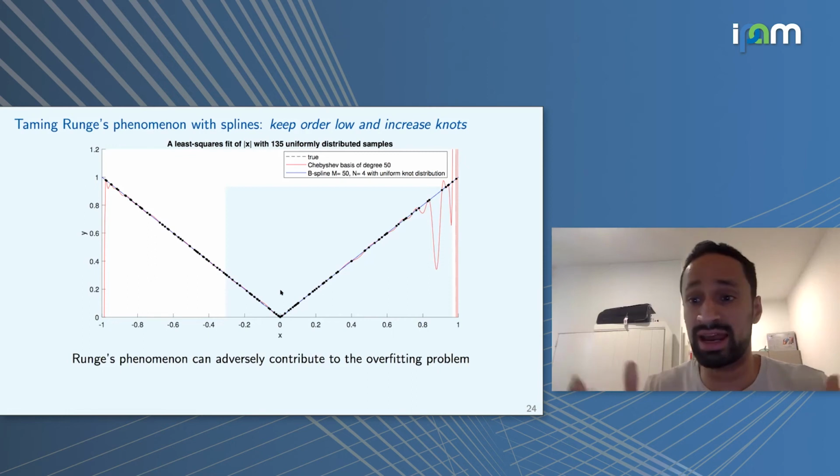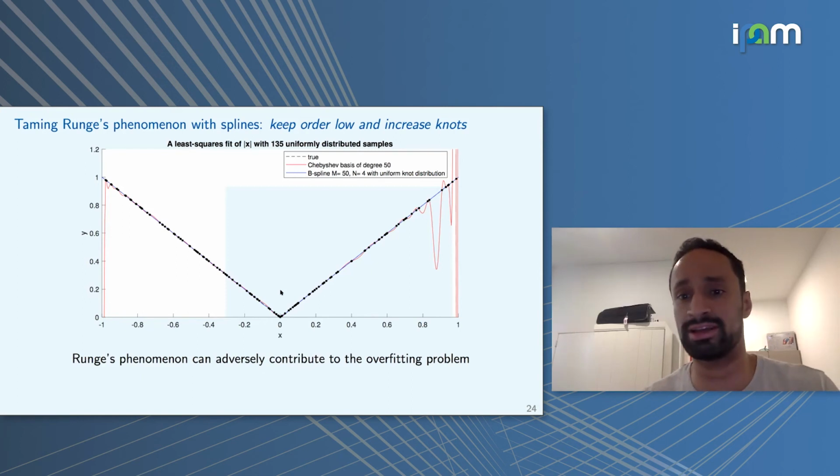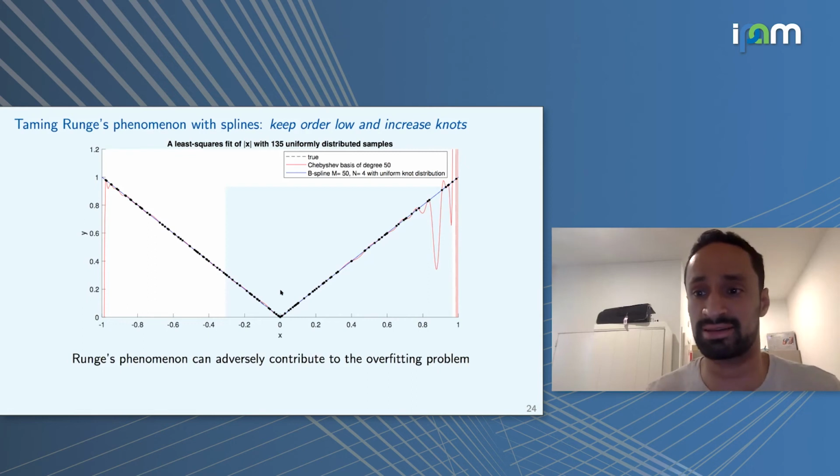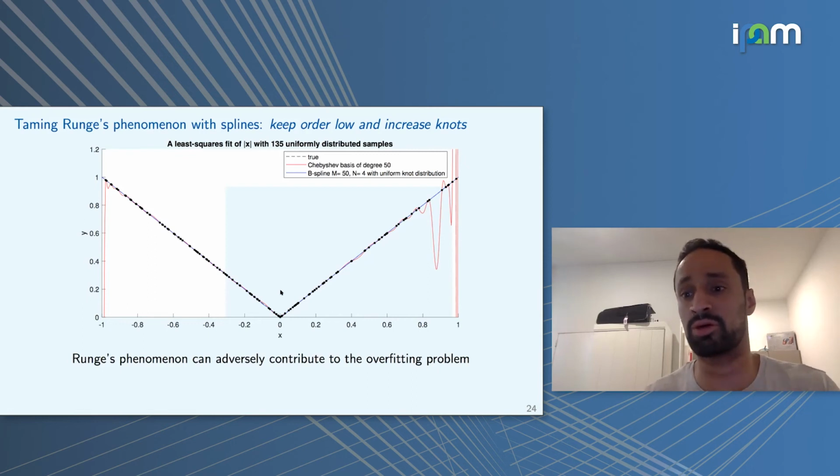And if you're getting these wild oscillations, these are the places where you would have bad generalization error. So you would like to have some better control over that. And one way to do this is to switch over to splines, where you can just control it by keeping the order of the spline low.